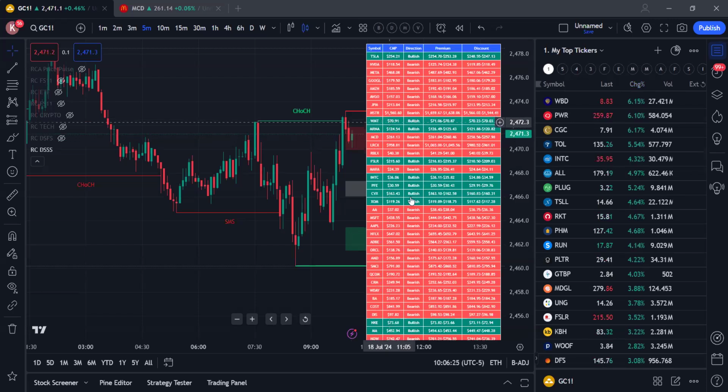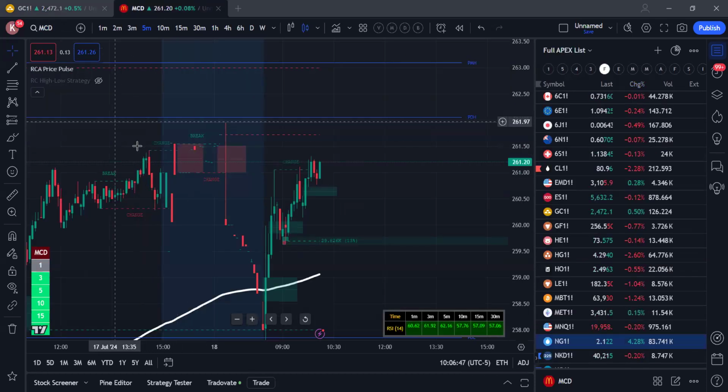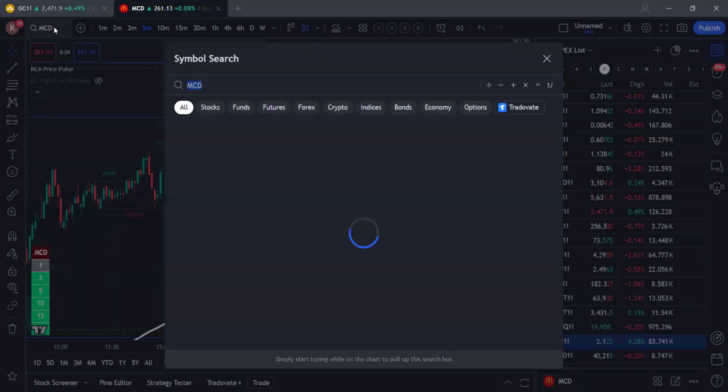If you can find a bullish ticker at the bottom or a bearish ticker at the top, that is the best thing. If not, the second best thing you can do is check these tickers which are in bullish. For example, Tesla is bullish. Right. We'll go to Tesla.